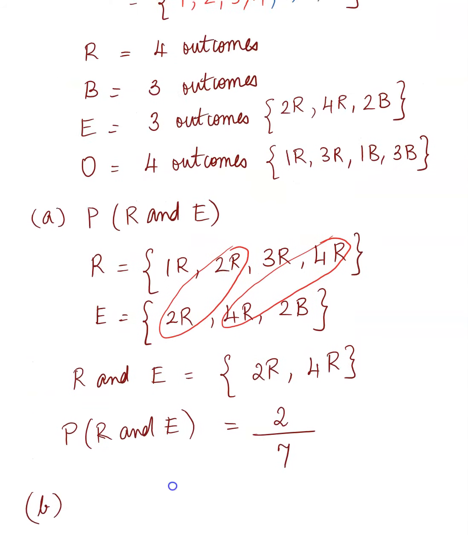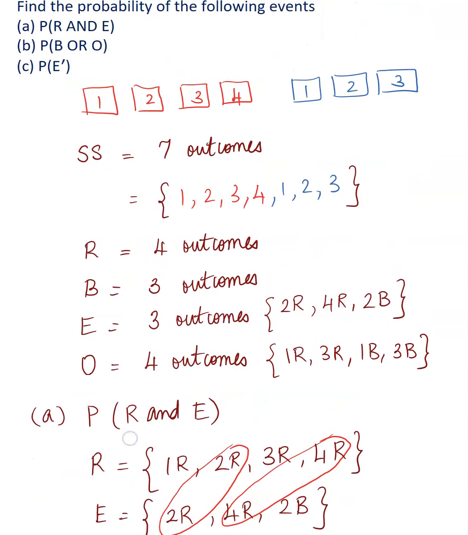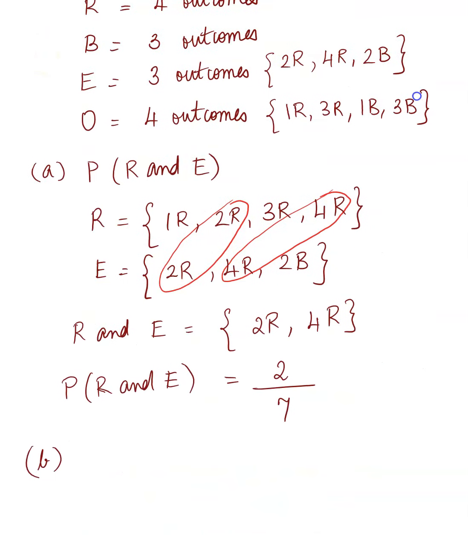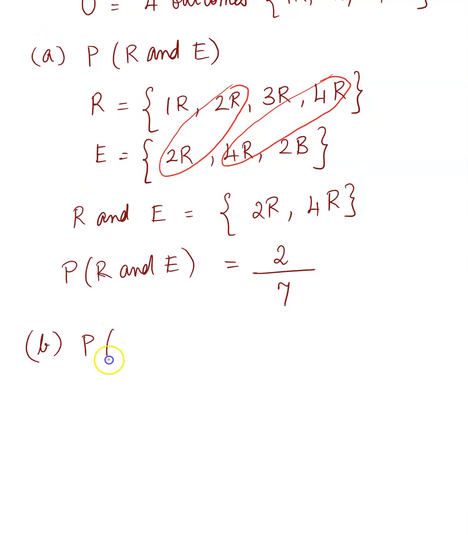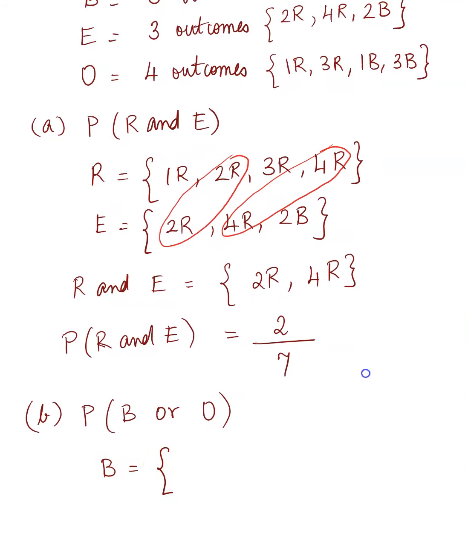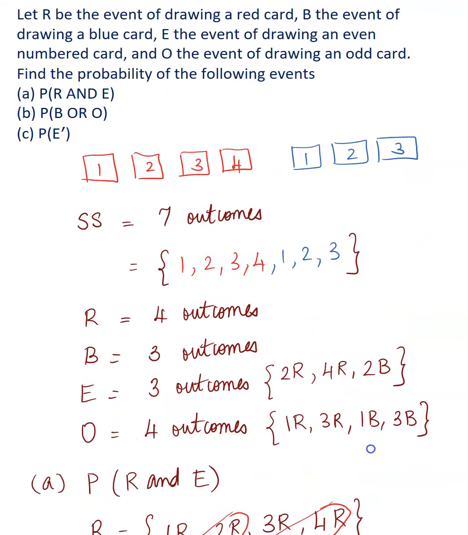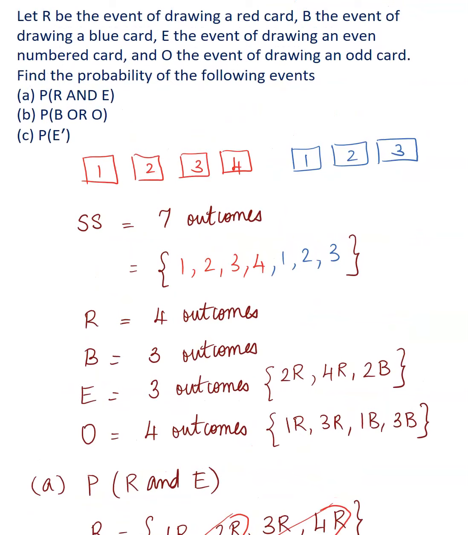To answer part B says find the probability of B or O. All right. So for B, I'd like to list it out. So go back to what the definition for B was. B was the event of drawing a blue card.